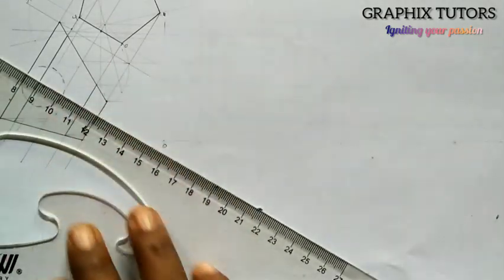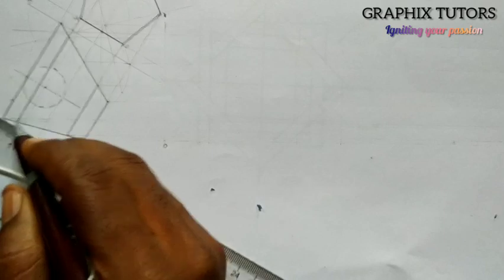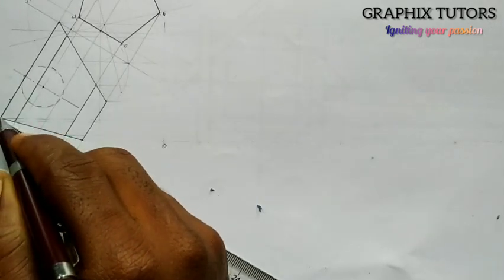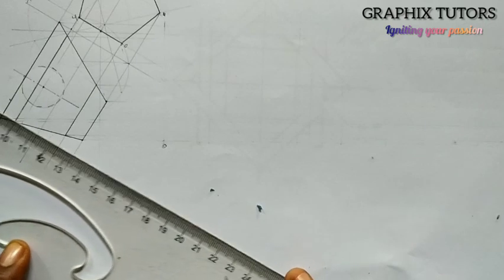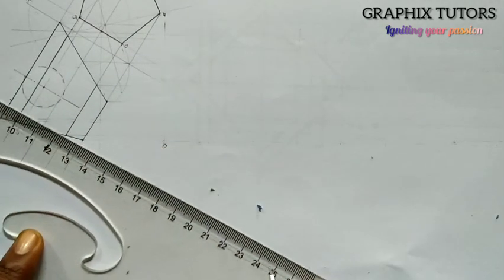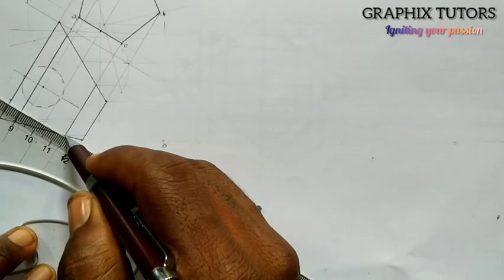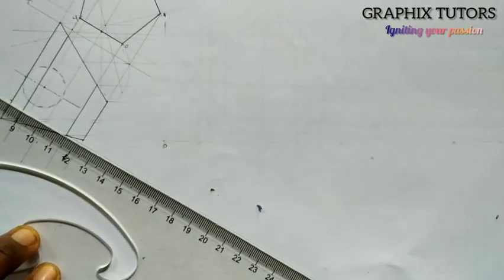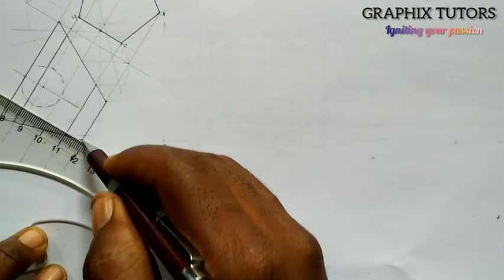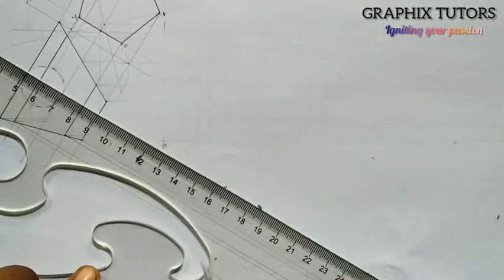Place the set square this way and project it down. From this point you project this front line this way. Go to the next one also and do the same thing. Go to the next one too, which is here, and do the same thing.